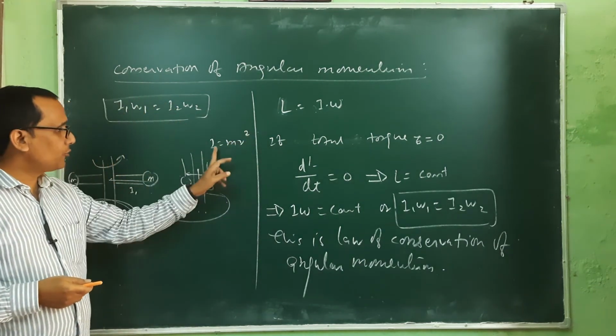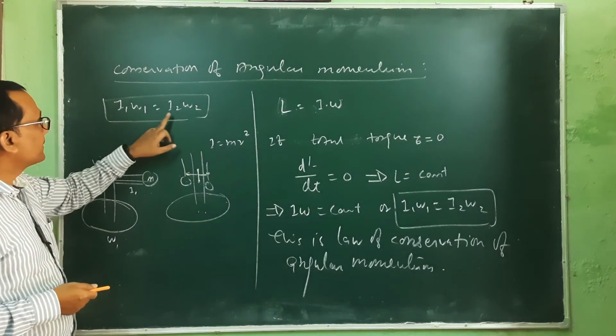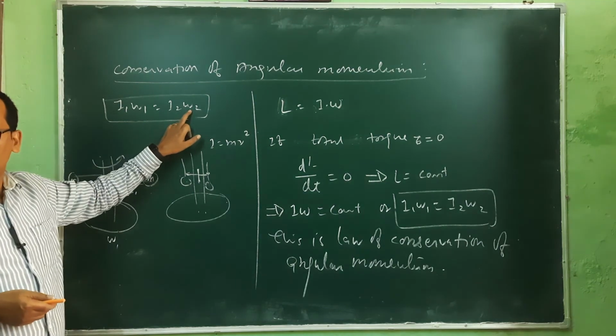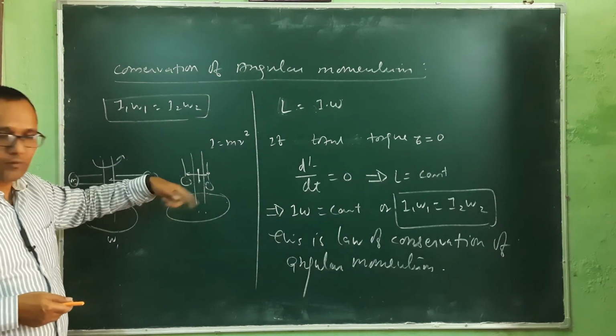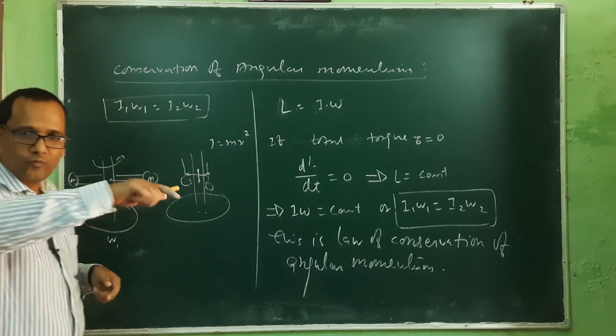If r is reduced, obviously I will reduce, and in order to balance this relation, omega will be more. Means its angular velocity will be faster and it will move faster.